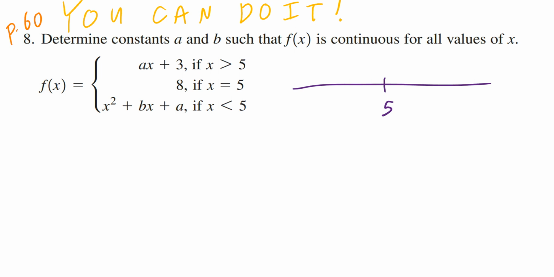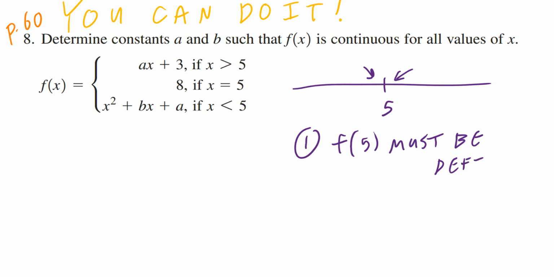So there are three conditions when it comes to continuity. The first condition is that f of 5 must be defined. The second condition is that there's a limit. So we think about the limit of this function f of x as x is approaching 5. This must exist.